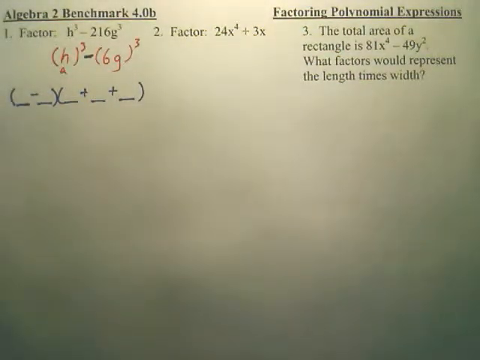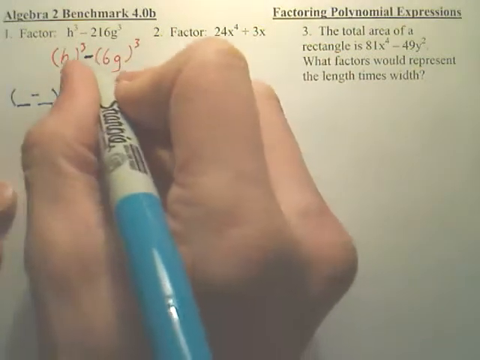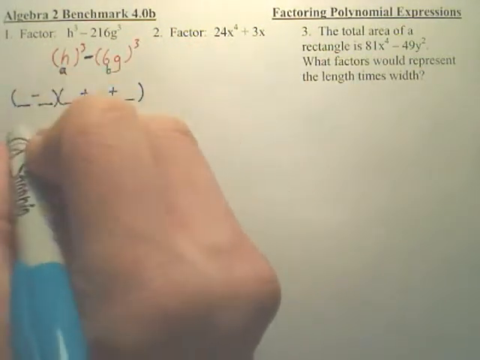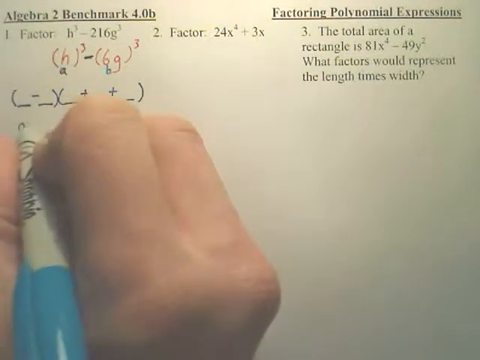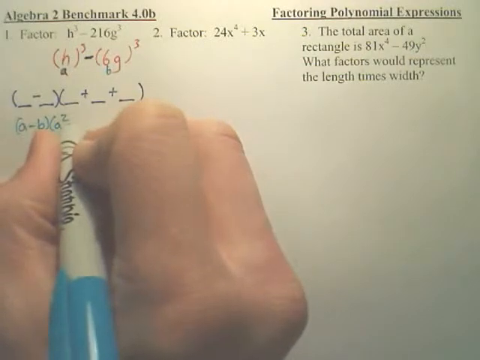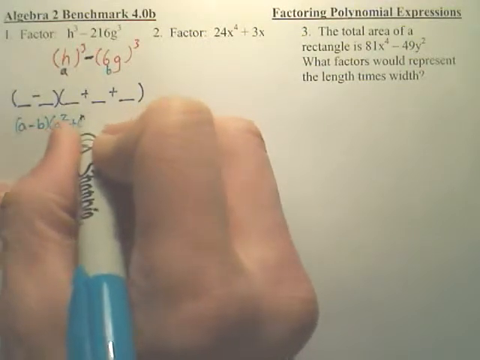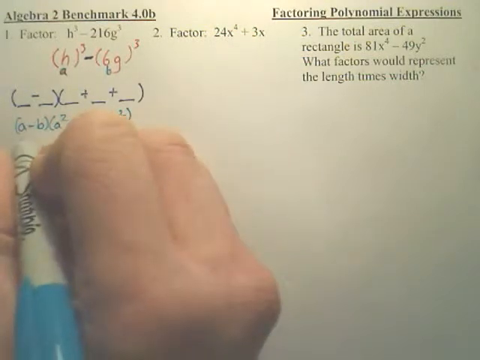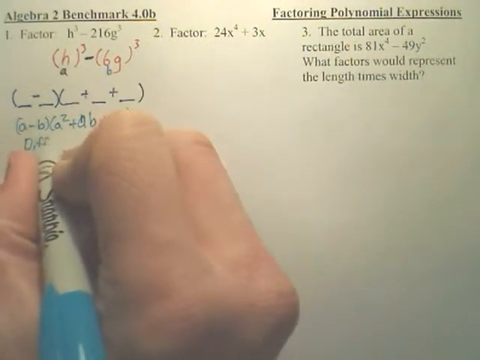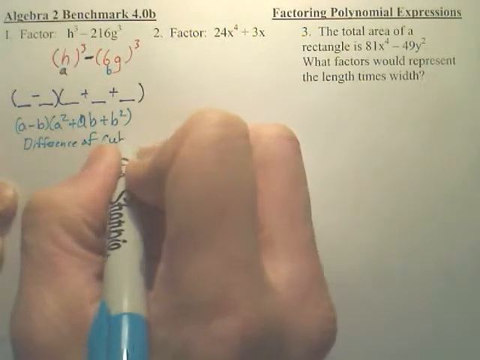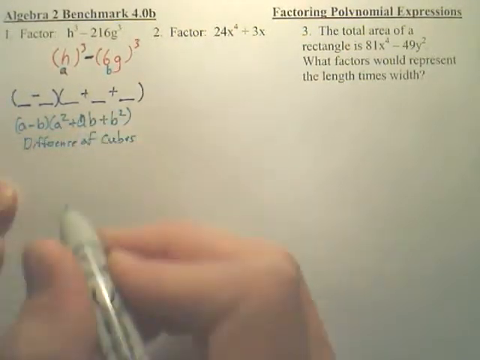Now the formula for difference of cubes, again, this is A, this is B. The formula is A minus B, A squared plus AB plus B squared. That's the formula for a difference of cubes.